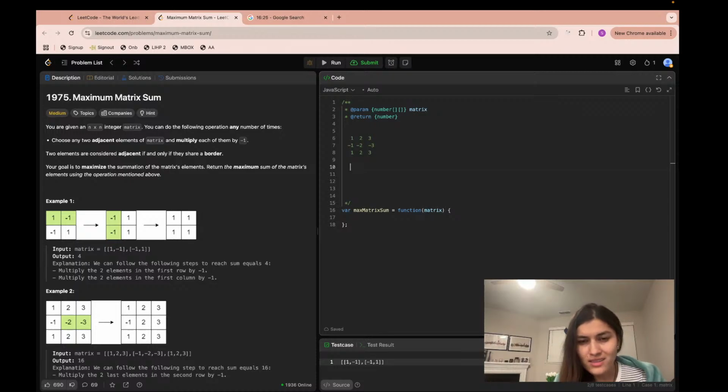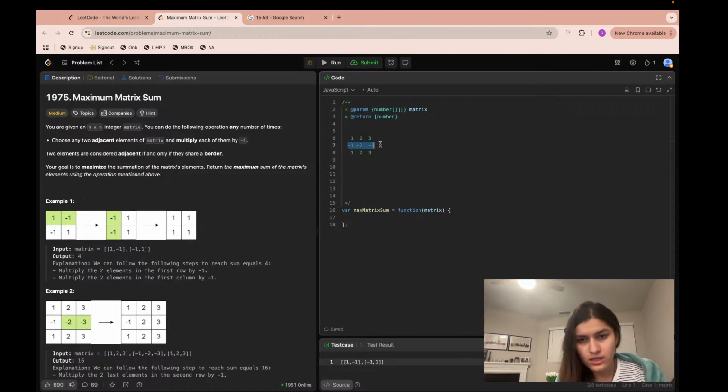I think the biggest thing I can do is convert negative to positive, because I cannot change 1 to 4, I can only change the sign. So for the maximum sum, as many numbers as possible should be positive.